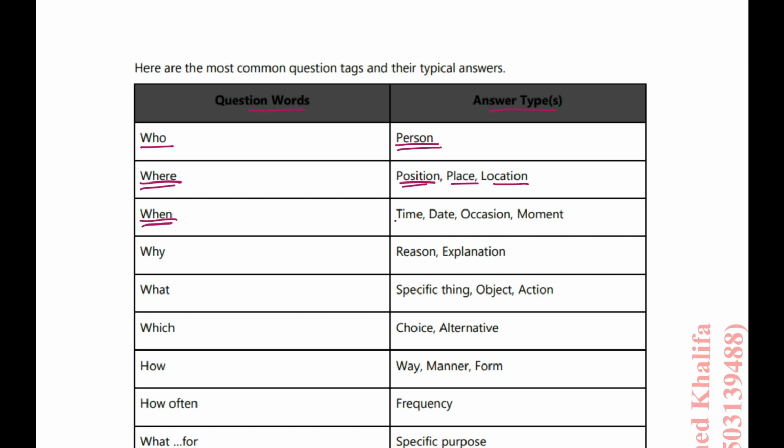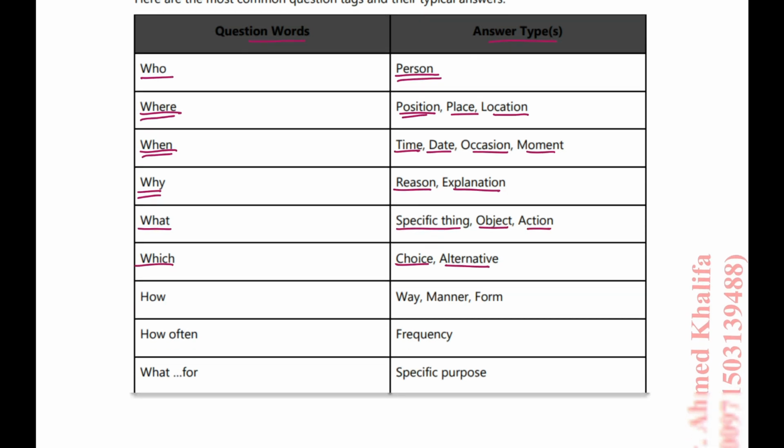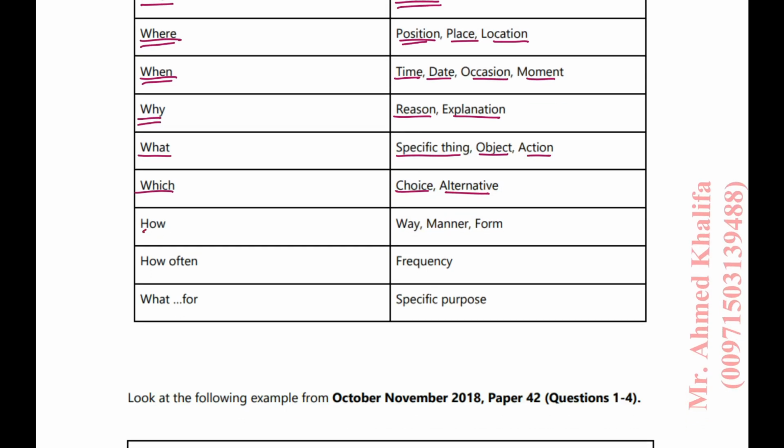When, I go for time, date, occasion, moment. Why, I go for reason, explanation. What, specific thing, object, action. Which, choice or alternative. How, way, manner, form. How often, frequency, number of times. What for, specific purpose.